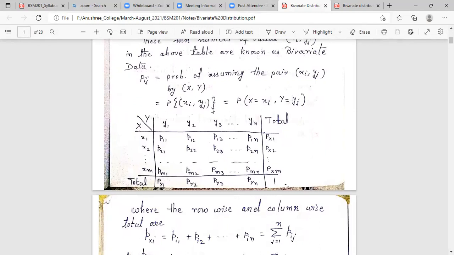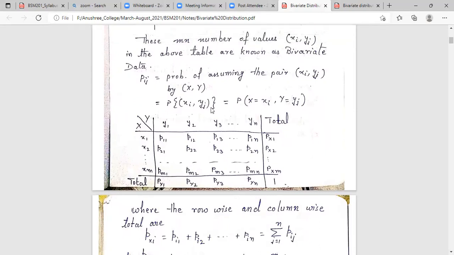Actually, the probability having the entry xi, yj as a set of random variables will be read as the probability that x equals xi and y equals yj.